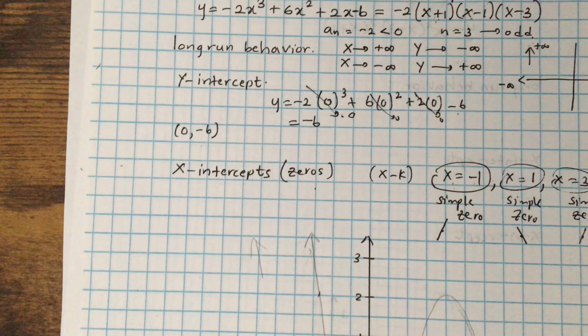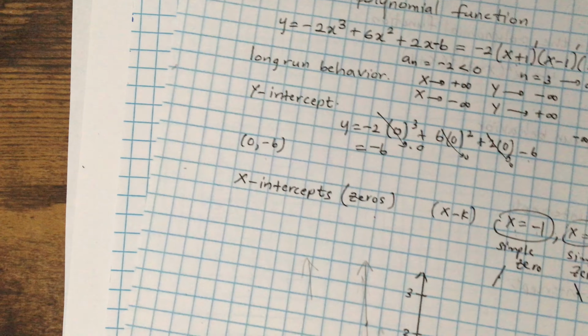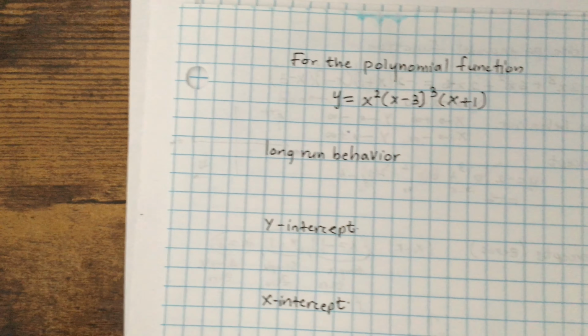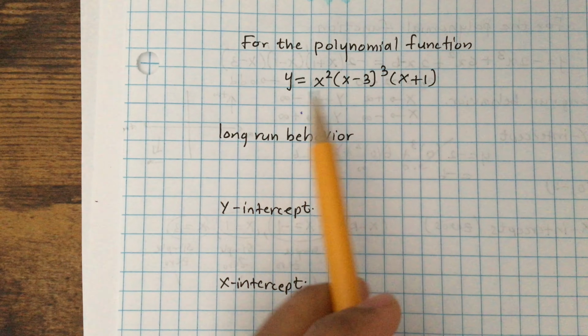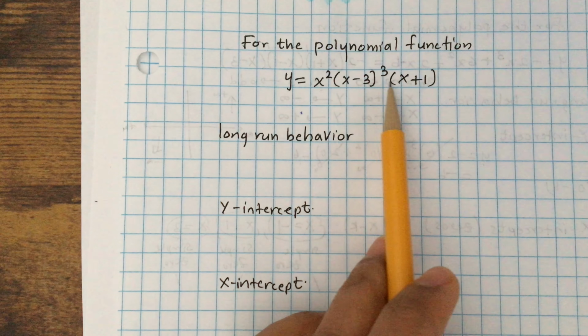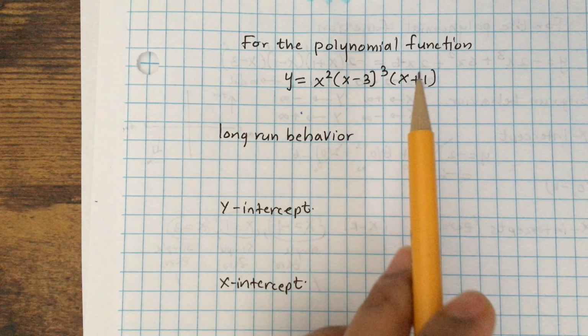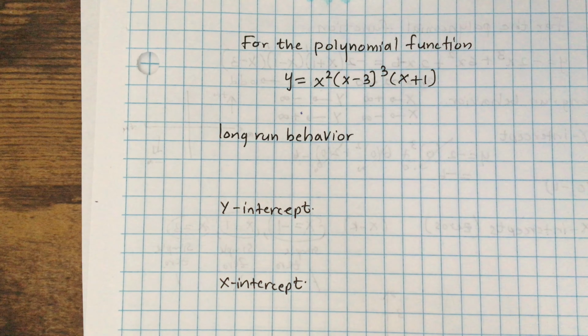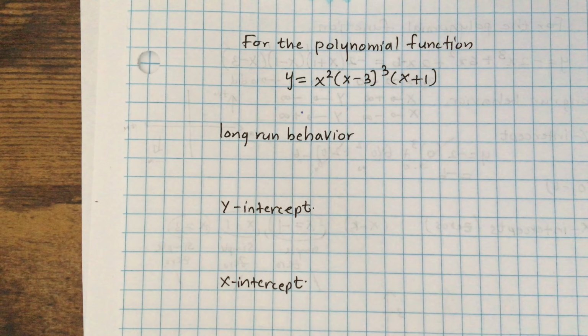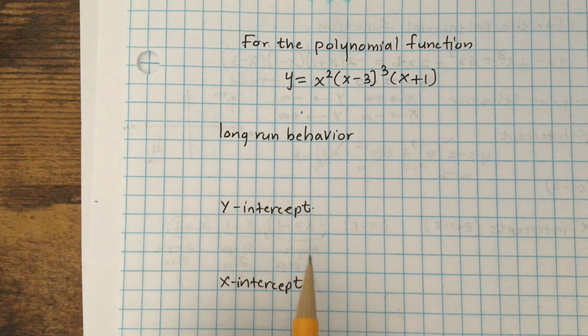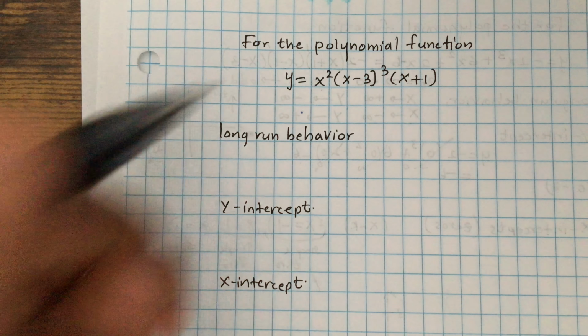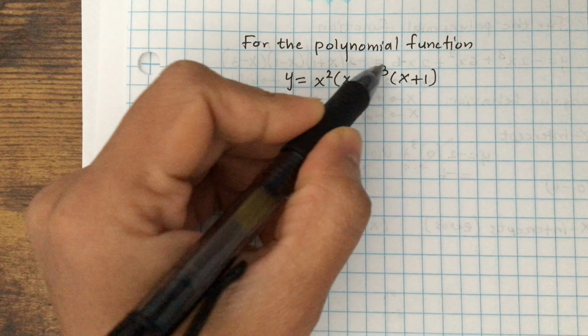Okay, so let's look at another example. So this is the polynomial y equals x squared (x minus 3) to the power 3 (x plus 1). So in here, what can you see? It's in factor form, right? And then look at the degree of this polynomial. So here x to the power 2, x to the power 3, x.